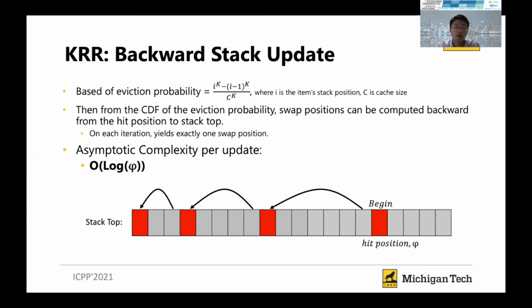By doing so, it only requires big O of log phi time to find all swap positions, which is considerably faster than the linear time per update in the basic stack update method. Again, please see our paper for a detailed description of both methods for finding swap positions.